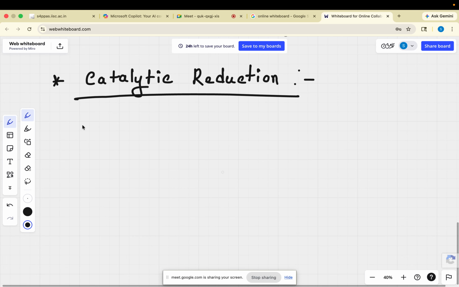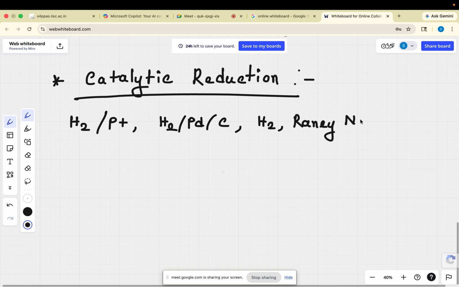First of all, write down some reagents used in catalytic reduction. What do we have? Hydrogen, platinum. We have hydrogen, palladium on carbon. You can have hydrogen in the presence of Raney nickel. You can have hydrogen in the presence of PtO2.